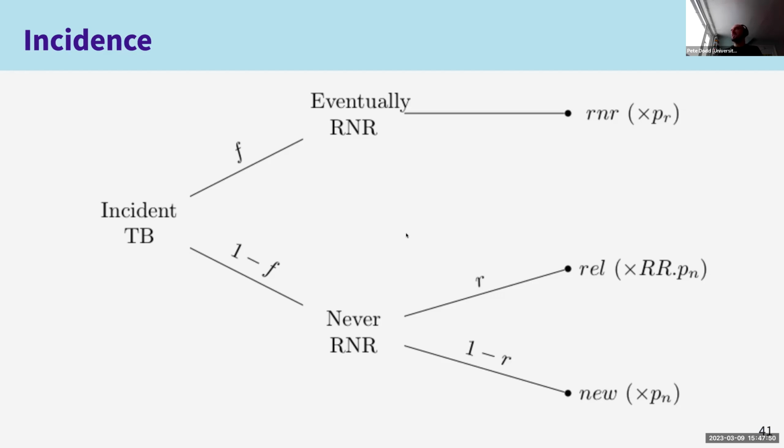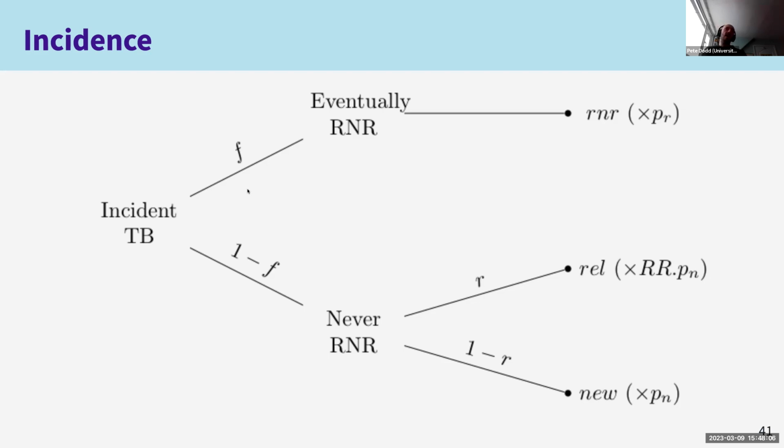But for most places there isn't data to inform the prevalence of rifampicin resistance in those two groups separately, which is why I haven't mentioned that distinction up to now.